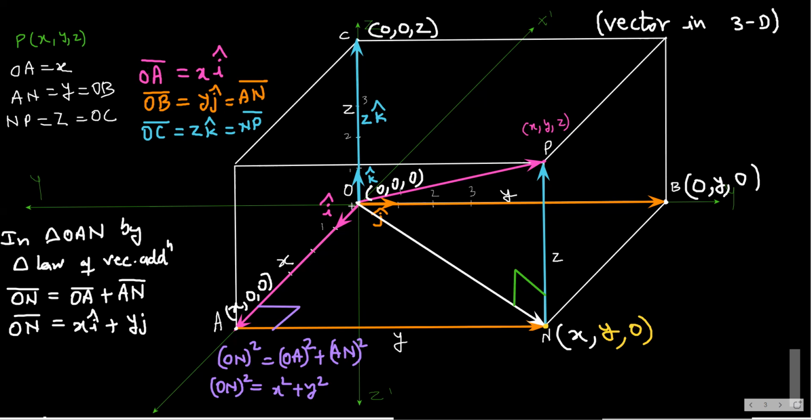See, this is your xy plane. It is neither up in space, neither up along z, neither down along z. You understand? It is in xy plane, so its z coordinate is 0.